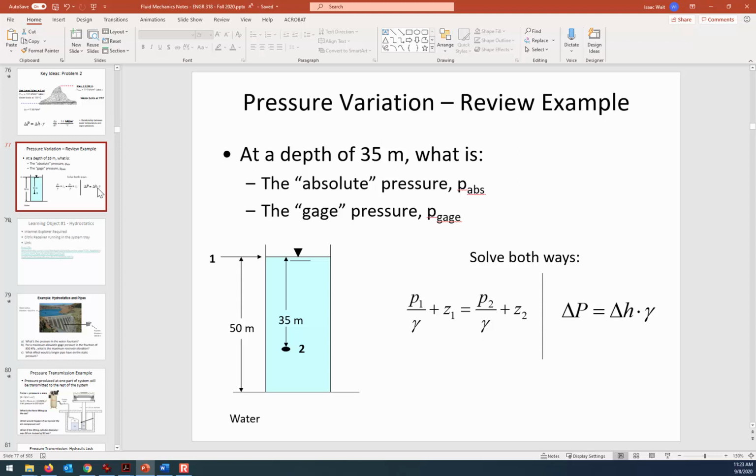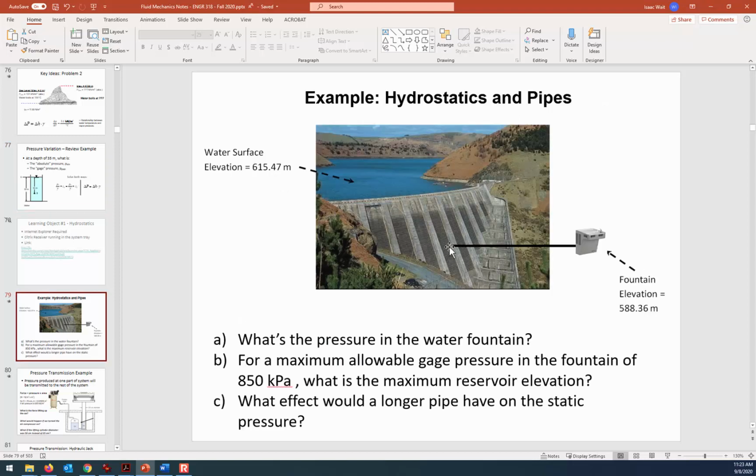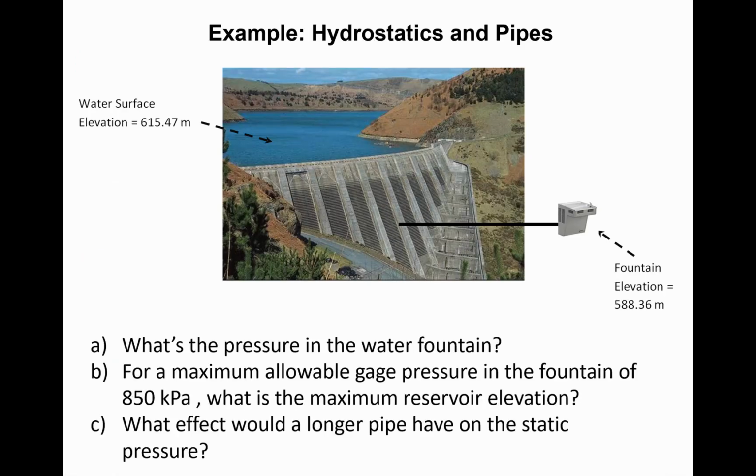So when we get a little bit further in the course, chapter 7, we start talking about water flowing through a pipe and how frictional effects will change the pressure that we'll see. But for now, it's exactly right that making the pipe longer isn't going to affect the pressure.